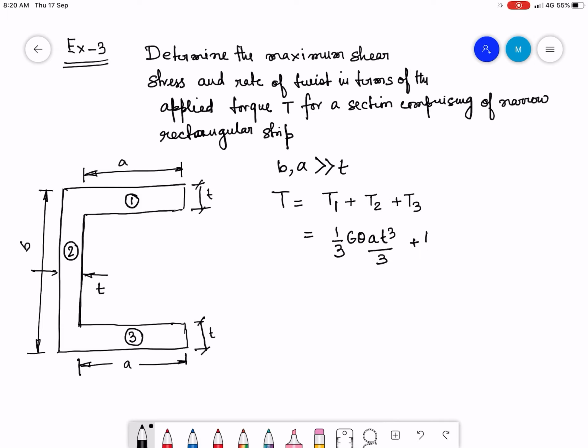T2 is going to be 1/3 G theta b t cube, and T3 is the same as T1, which is 1/3 G theta a t cube. Sorry, I had written an extra 3 everywhere.